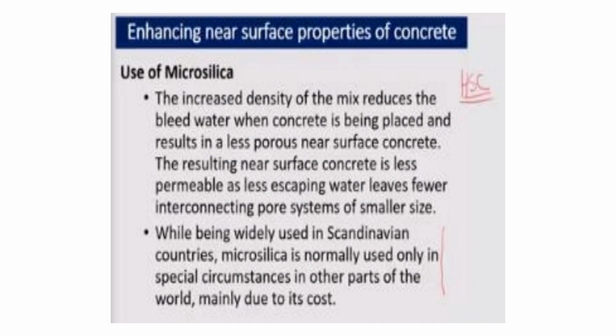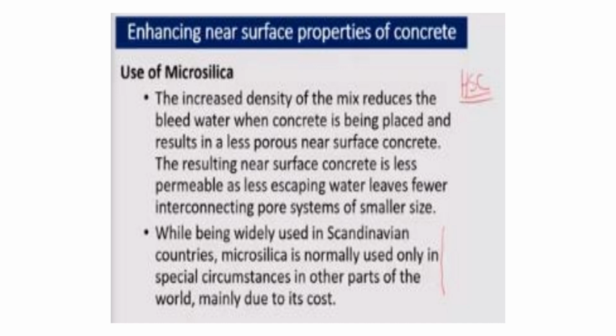The resulting near surface concrete is less permeable, as less escaping water leaves fewer interconnecting pore systems of smaller size. While being widely used in Scandinavian countries, microsilica is normally used only in special circumstances in other parts of the world.